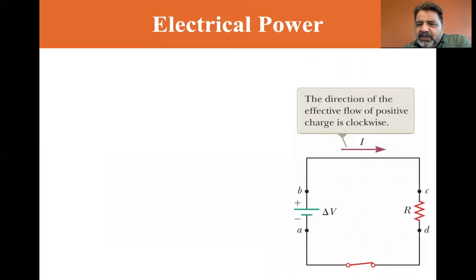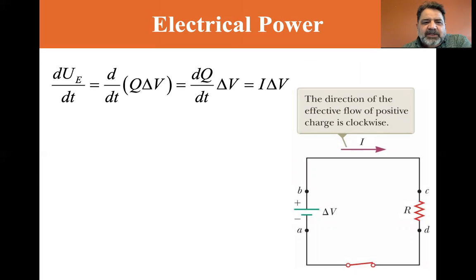So we're going to continue with electrical power. The direction, again, of the effective flow of positive charges is clockwise. So the rate of change of electrical potential energy, dU/dt, is equal to the change in the charge times delta V. The dq/dt is equal to current, so that's equal to I delta V, and that's the power.